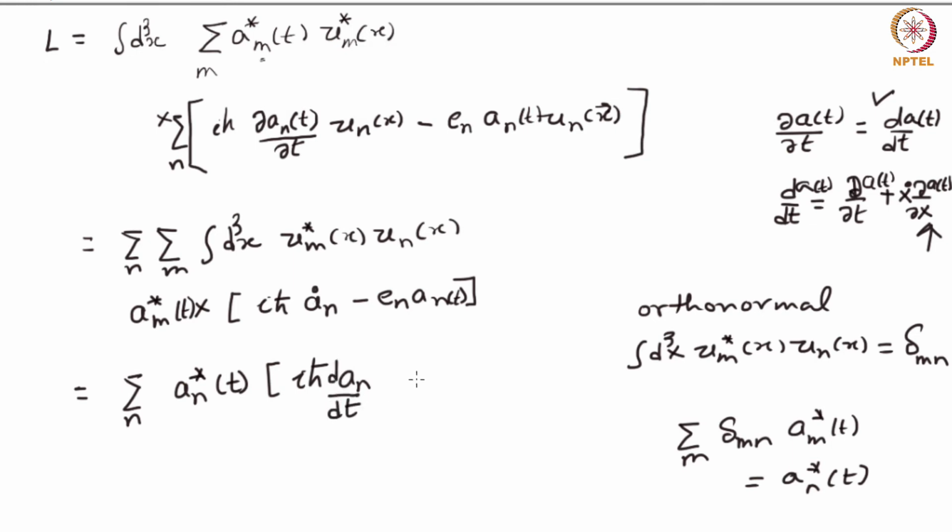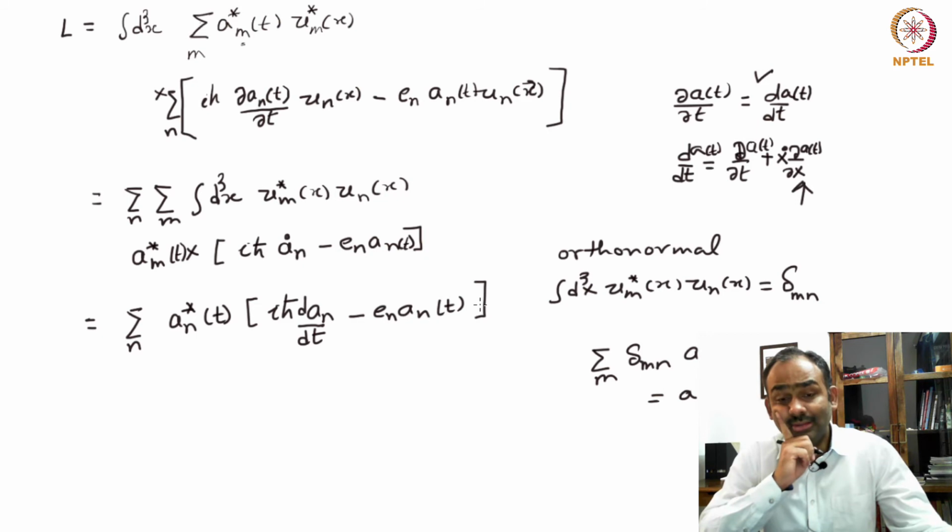There is no need for putting a dot, but it is fine. So that is what we get for the Lagrangian, and that is good. We wanted to write our Lagrangian using only the dynamical variables, which we have achieved now. We have only the a_n's and a_n stars.